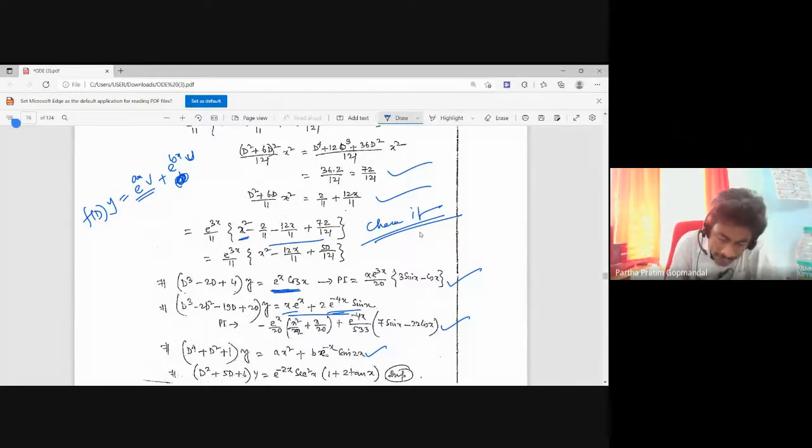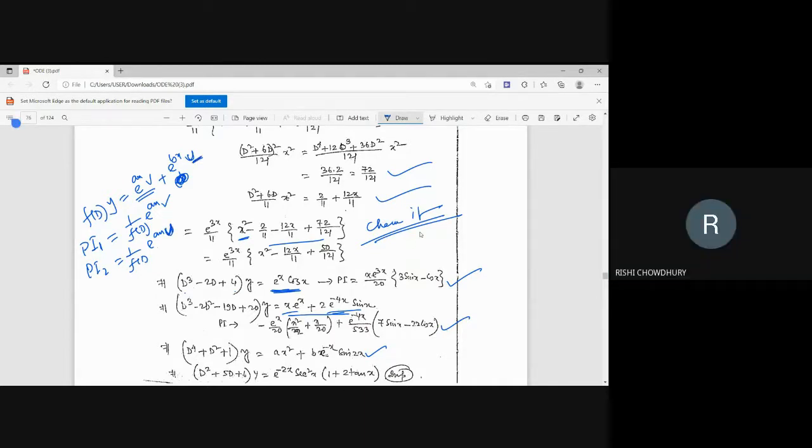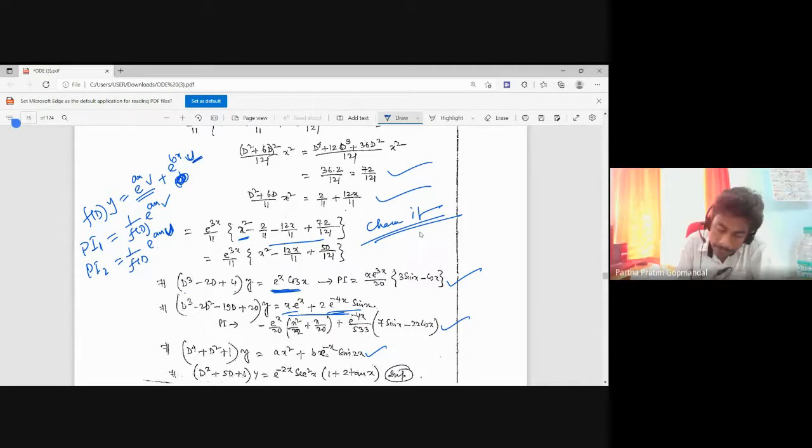So let's say that is PI1, you can write it as 1 by f(D) e to the power ax v. Another PI for the second term. This suffix denotes the contribution from the first term, and another one is for the second term. It will be 1 by f(D) e to the power bx u. So the particular integral will be PI1 plus PI2.